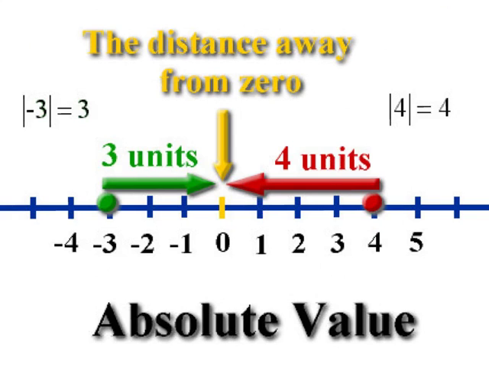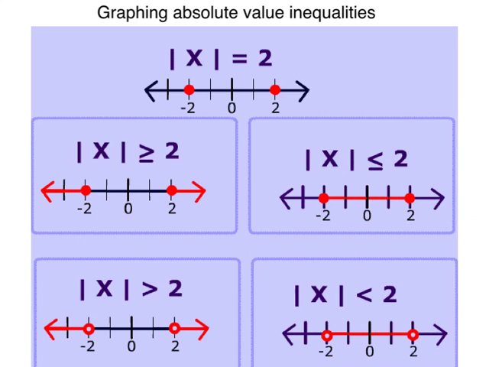Alright, you can see here in this, negative 3 is 3 units away from 0. Positive 4 is also 4 units away from 0. Okay, so how do we graph absolute value inequalities?